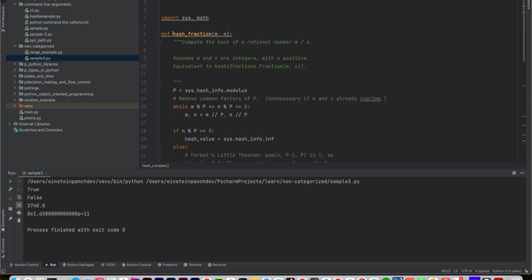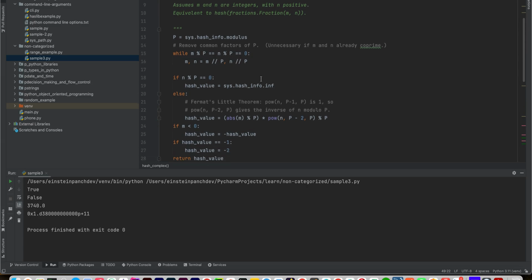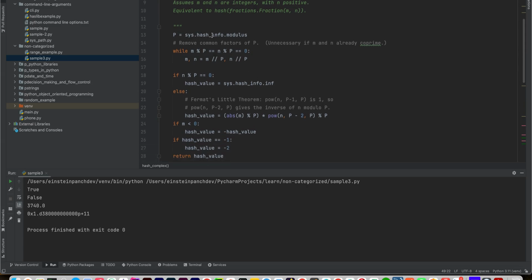Import sys, math, def hash_fraction(m, n): compute the hash of a rational number m divided by n. Assume m and n are integers with n positive, equivalent to hash(fractions.Fraction(m, n)). P is equal to sys.hash_info.modulus.